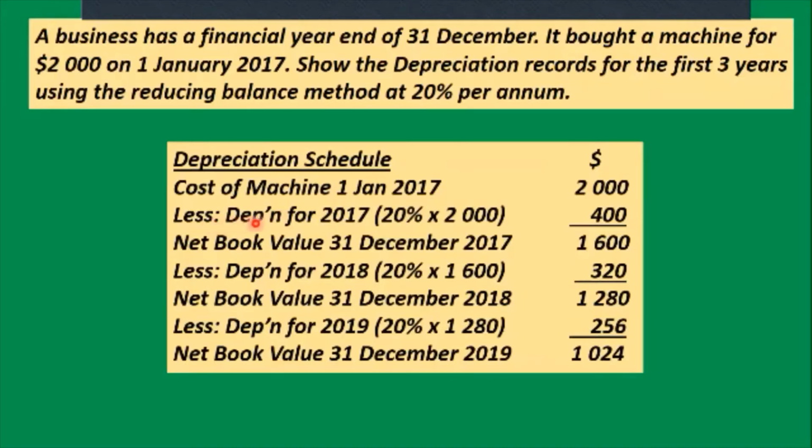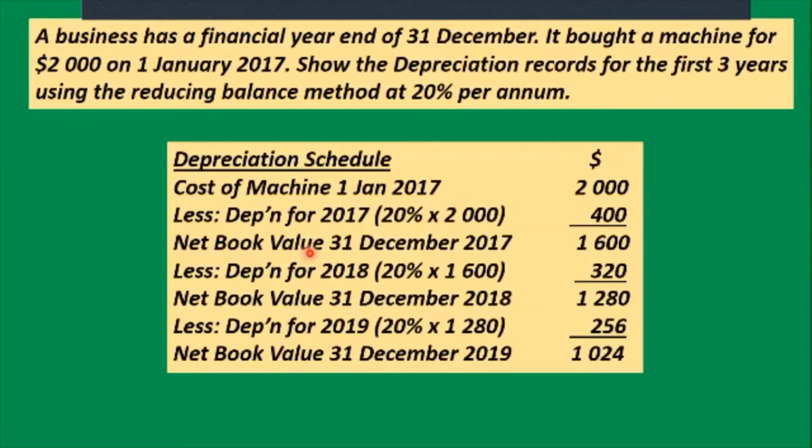At the end of the year, 31st December, we take the depreciation for 2017, 20% of the 2000 cost, and we get 400. We minus it from the 2000 to get the value at the end of the year. So after 1 year's use, our machine is now worth 1600, and that worth is called the net book value.